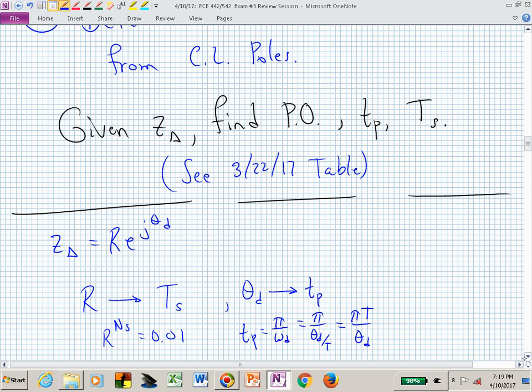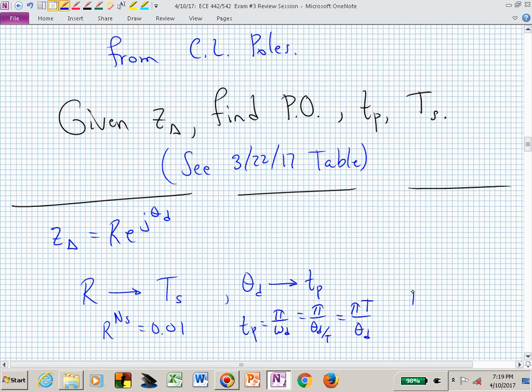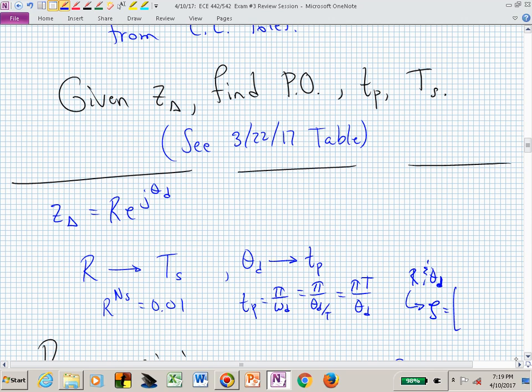And if somebody now gives you an r and a theta, we didn't derive this, but you should be able to derive this. You can actually find your zeta value in terms of r and theta sub d. That's now the natural log of r over the square root of theta sub d squared plus the natural log squared of r. And it has a similar structure to what you're used to seeing with percent overshoot and pi.